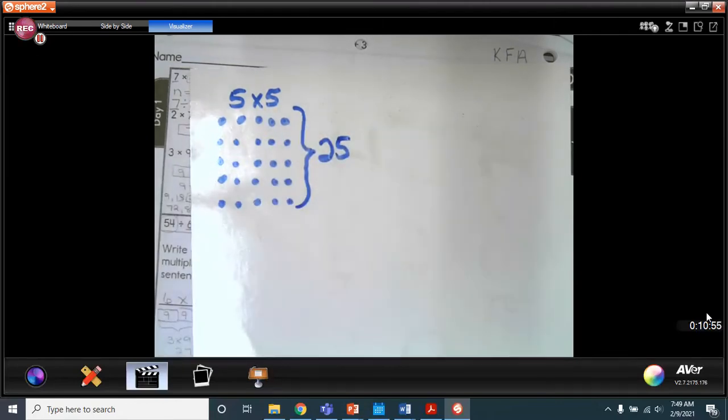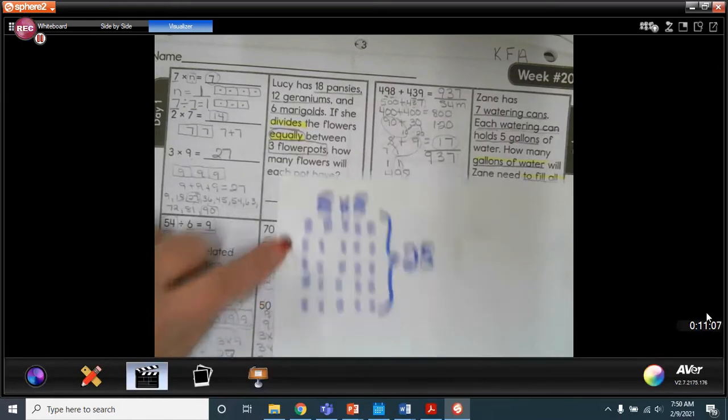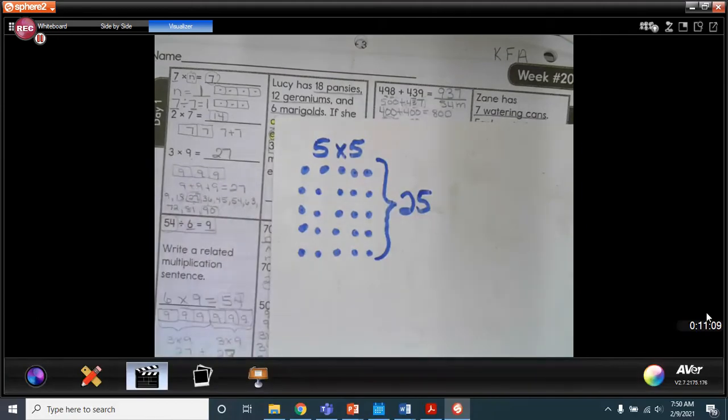But if I look over here now, this tells me I'm going to do 5 times 5 four times. So if I do 5 times 5 four times, then I'm going to have to draw this model 4 times. I'm going to use a different color just to show you that this is 1 time, and that equals 25.